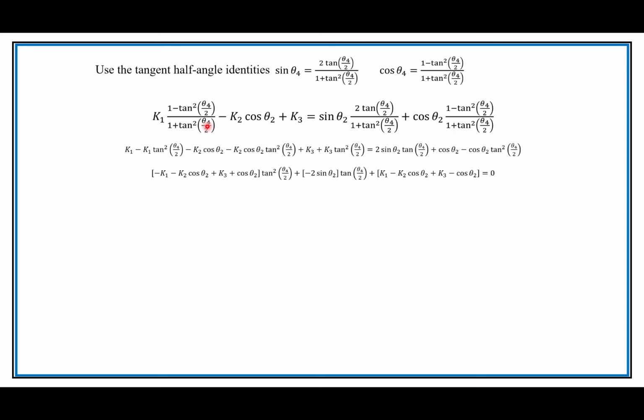We can move them around, so we have this tangent squared of theta 4 over 2 and a tangent theta 4 over 2 and then some constant.